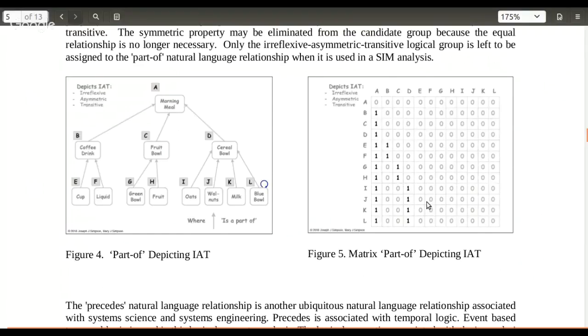But the idea now is to say, okay, if I look at this, I know that it is a local relationship because there are zeros in the lower triangular. And if they're all ones in the lower triangular, then it's a global relationship.